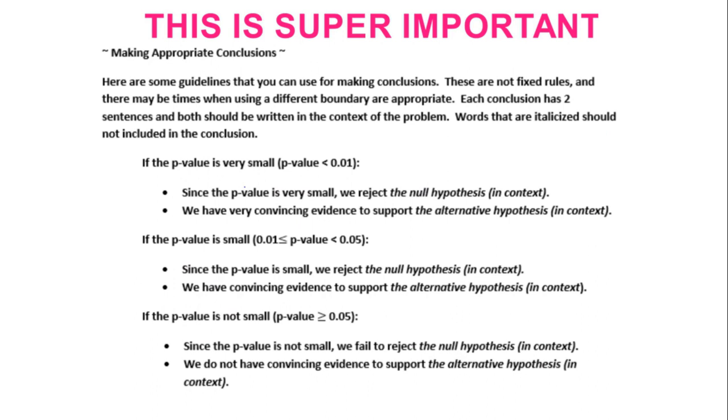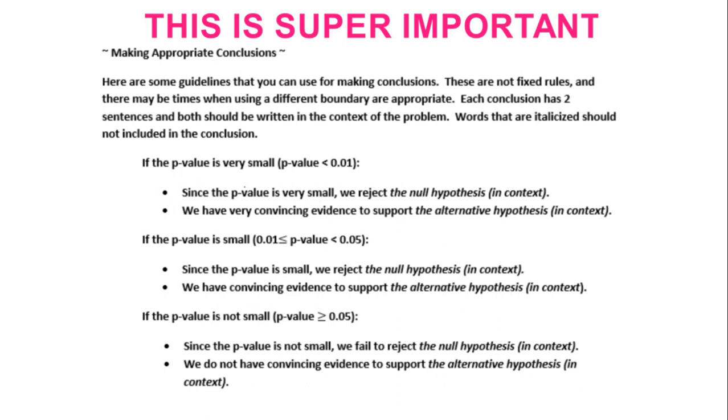So, making conclusions. You need to be really careful when you make conclusions. I am not going to hold you to saying the p-value is very small or is small. Small is good enough. But you will have to know which values you would use for rejecting the null hypothesis or failing to reject.